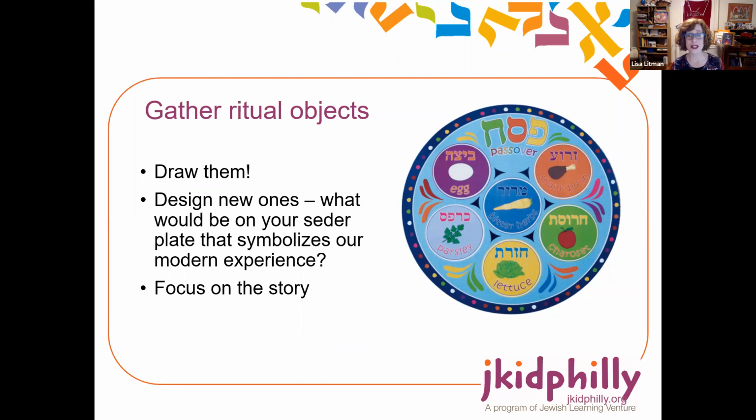And they want to symbolize this continued good health and positive attitude and a proactive way of staying healthy. So what might you put on your Seder plate that symbolizes our past and symbolizes our modern experiences too? But really the idea for Passover is to focus on the story. And in what way are you going to do the story?